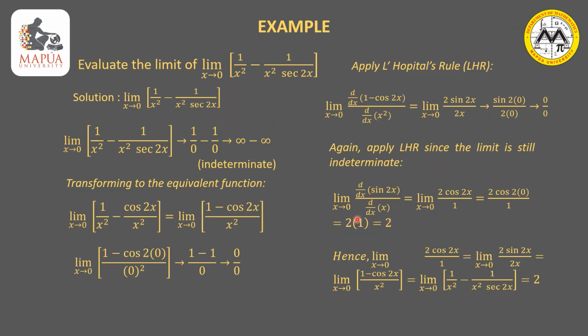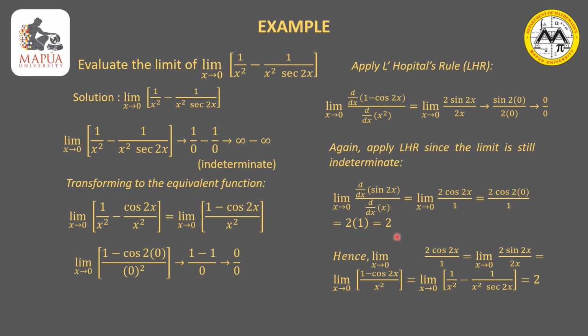As to the derivatives, we have 2 cosine of 2x for sine of 2x and just 1 for the derivative of x. Simplifying and evaluating the limit as x approaches 0, we have 2 cosine of 2 times 0 divided by 1. Cosine 0 is 1, so we have 2 times 1 equal to 2.